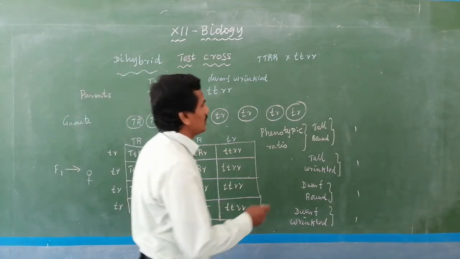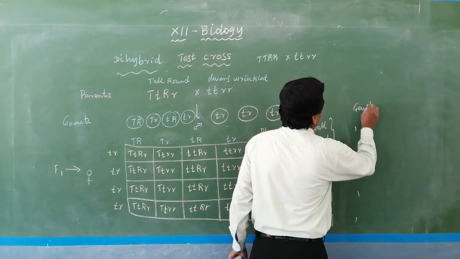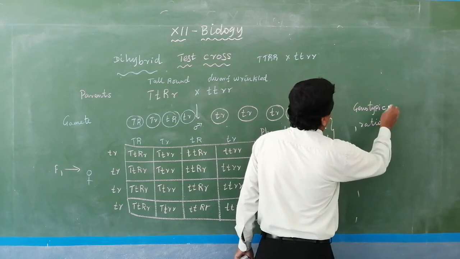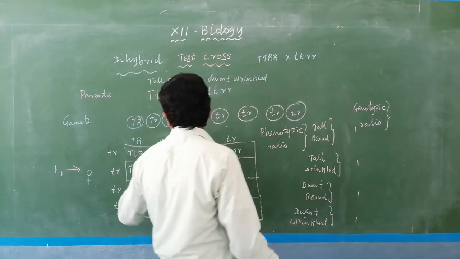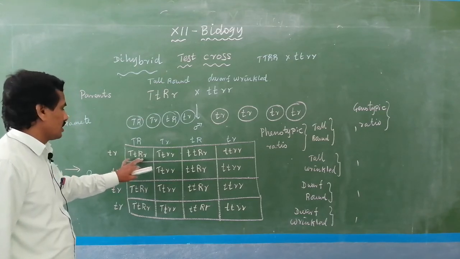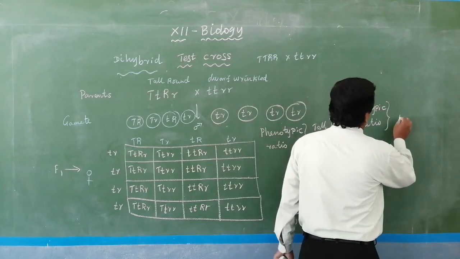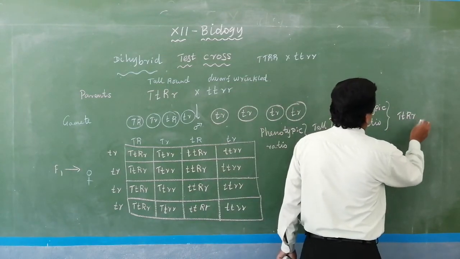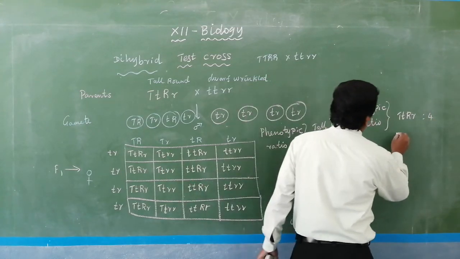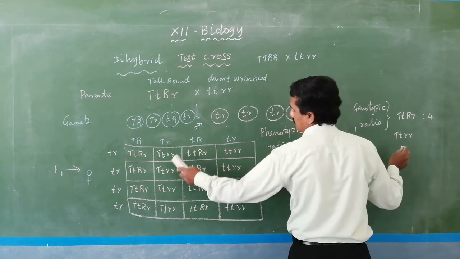Then the genotypic ratio. Genotypic means what? Genetically. This is tall and round, heterozygous tall and heterozygous round, that is capital T small t, capital R small r, four times. Then capital T small t, small r small r: totally 1, 2, 3, 4.